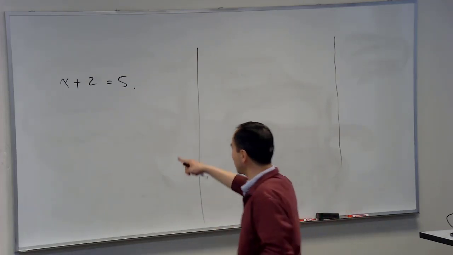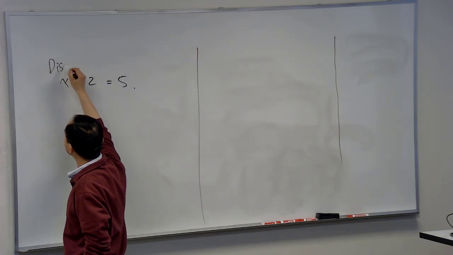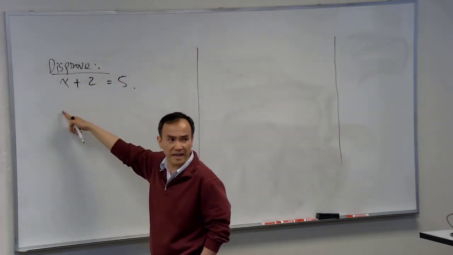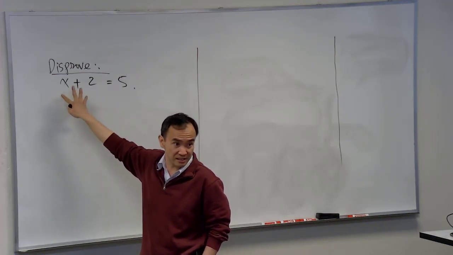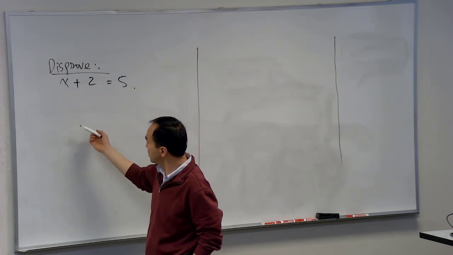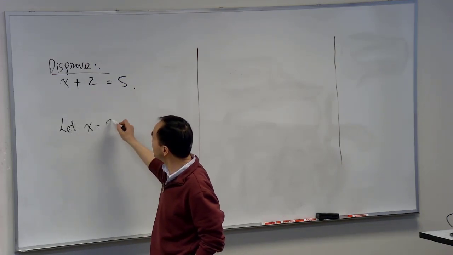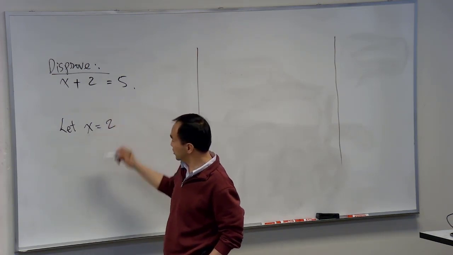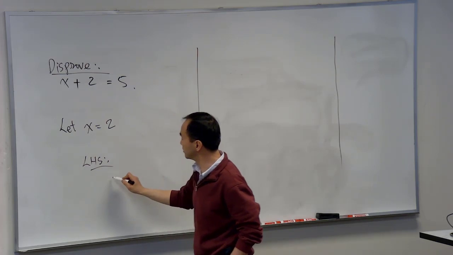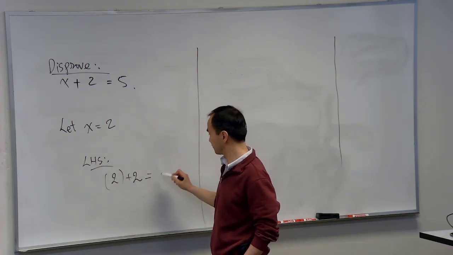Okay. So when people are asking you something like this, and hey, is it true or not? You're going to want to disprove. So how do you disprove something like this? You want to point out that hey, there are values out there for which the left-hand side fails to equal the right-hand side. So you can just disprove by letting x equal 2 right here. So when x equals 2, the left-hand side, x plus 2, gives you what? 4.